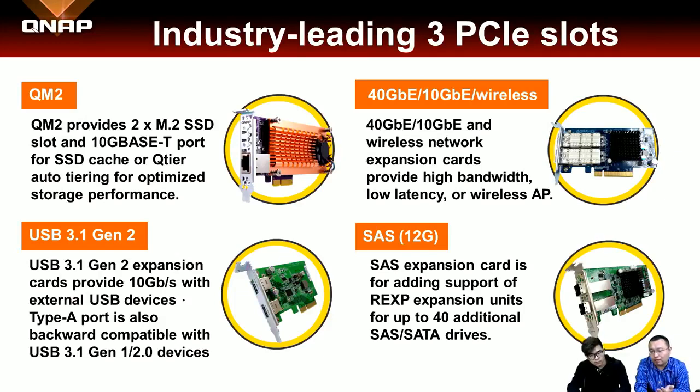So the 1677X supports various 40 gigabit Ethernet cards and 10 gigabit Ethernet cards, and also the upcoming QNAP wireless cards. With that, you can create higher bandwidth channels between the NAS and your server, or create your own independent wireless networks that are isolated and secure, giving your clients their own preserved bandwidth for better security, such as the IP cameras we mentioned in the last session.